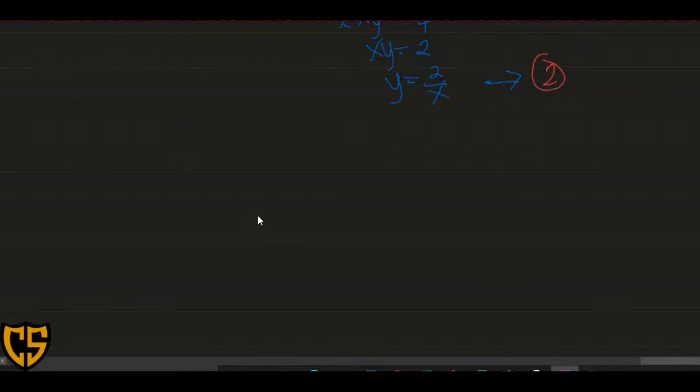So we have our equation 1, x squared minus y squared is equal to 2. So substituting this value, we will have x squared minus (2 over x) squared is equal to 2.